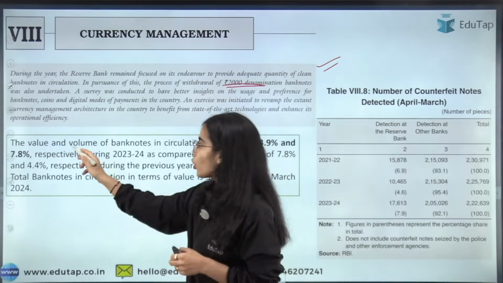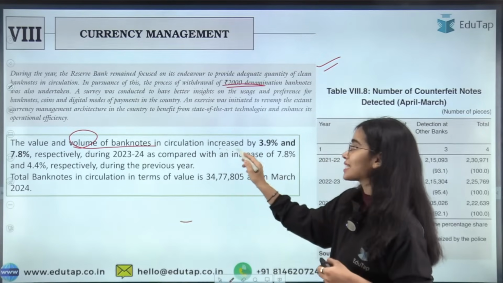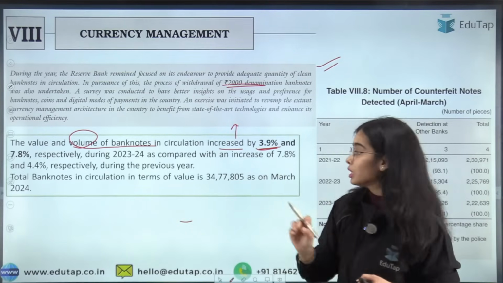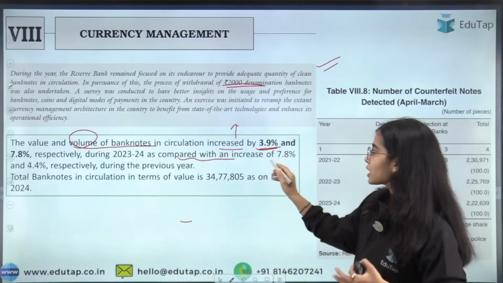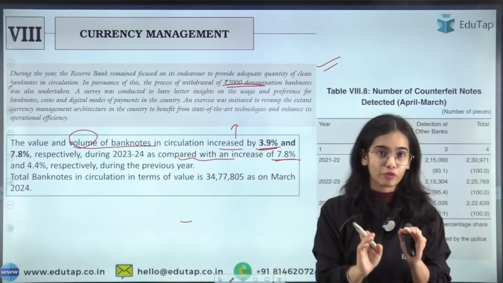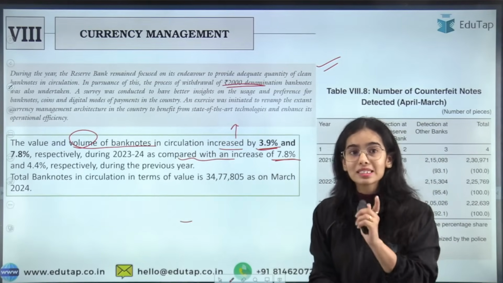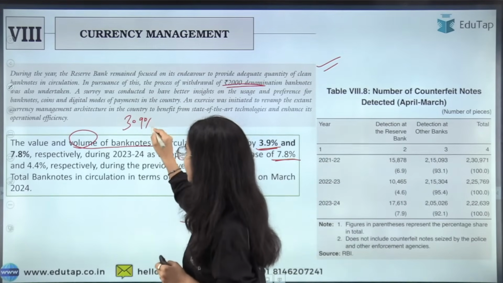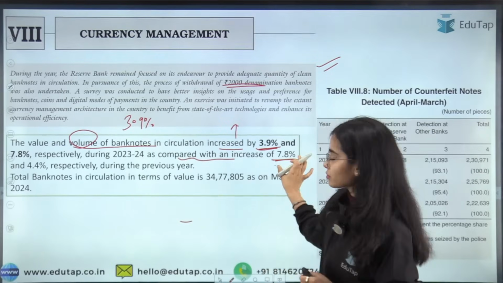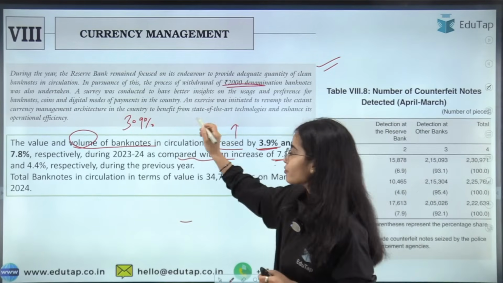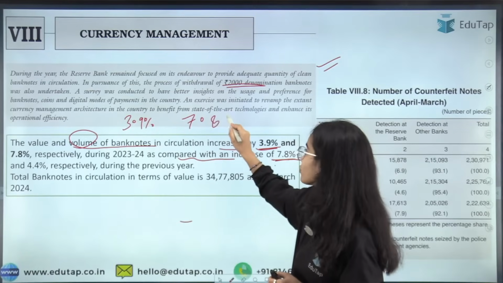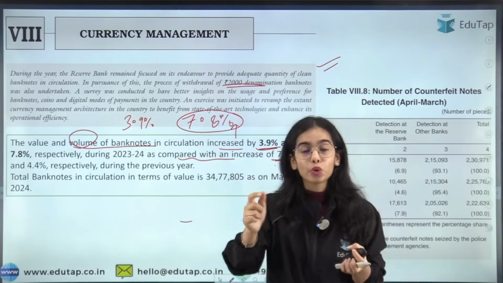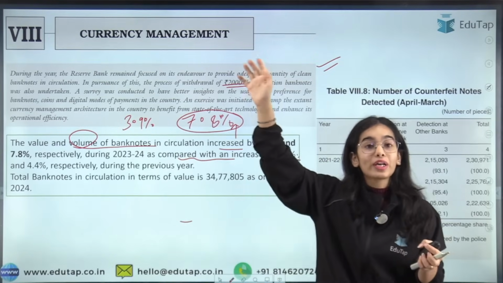Now the value and volume of banknotes in circulation has increased by 3.9% and 7.8%. As compared to the previous year, the increase was 7.8% and 4.4%. So one thing that you have to understand from here is that in the previous year, the value of the banknotes in circulation was growing by 7.8%.